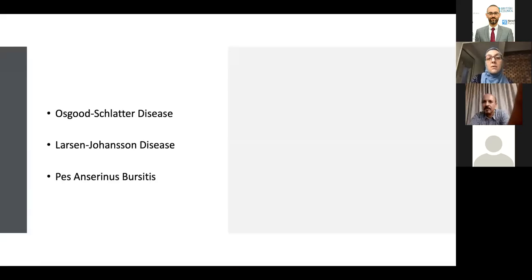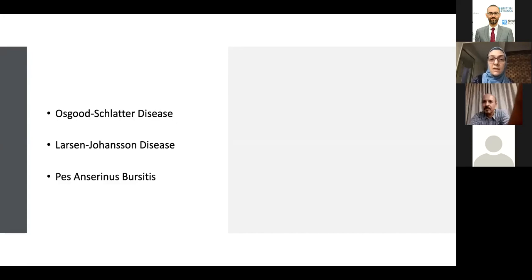Overuse conditions, these we see in older children, athletic, active children, boys more than girls. I begin with Osgood-Schlatter disease, a similar condition, Larsen-Johansson disease, and pes anserinus bursitis. Of course, all these occur around the knee, and they are characterized by occurring in boys more than girls, adolescents, who are athletic.